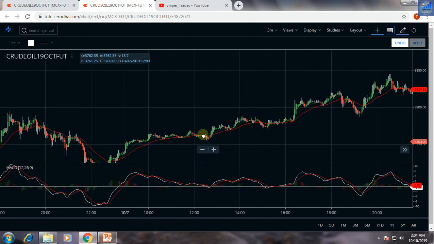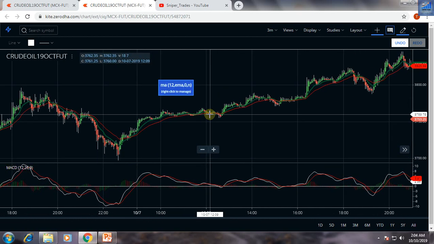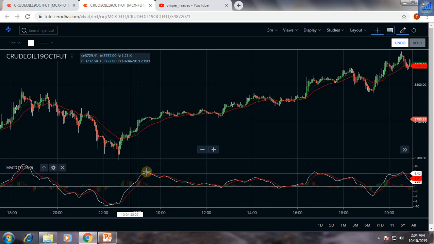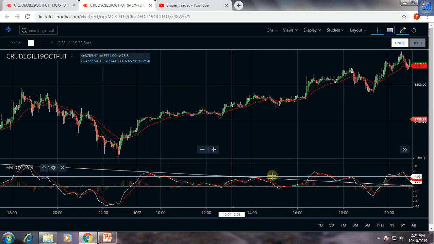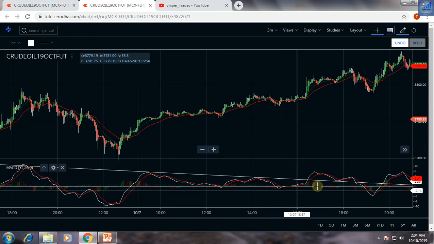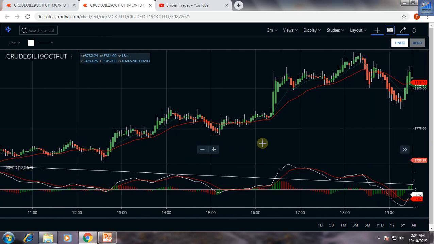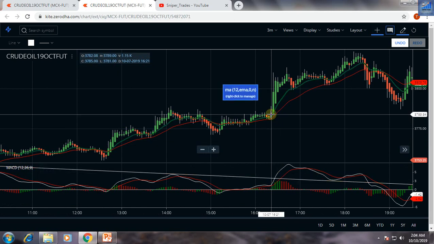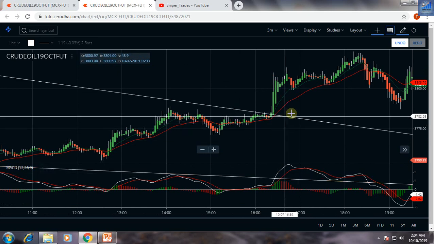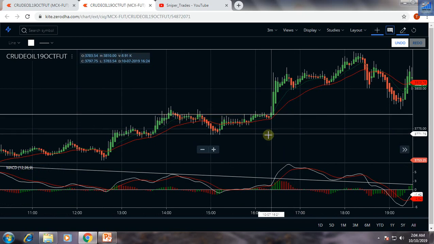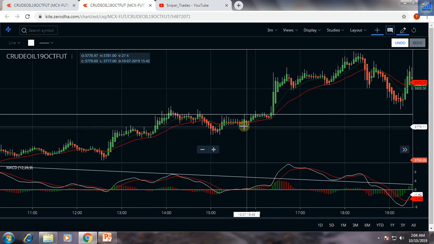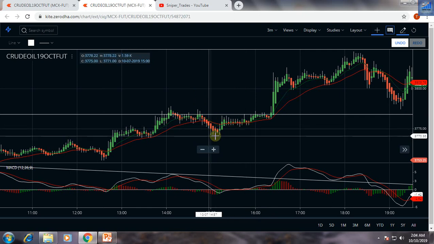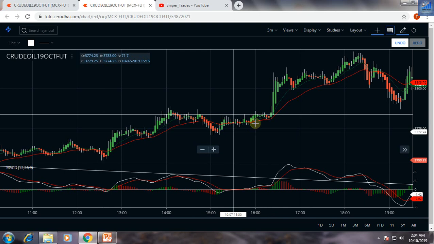So I'll show you an example for stop loss. I am joining here this higher high and this lower high, and whenever this particular resistance is broken, we can consider a long position at this level, and we can put a stop loss at a recent low, either at this particular level or this one, according to our risk taking capacity.